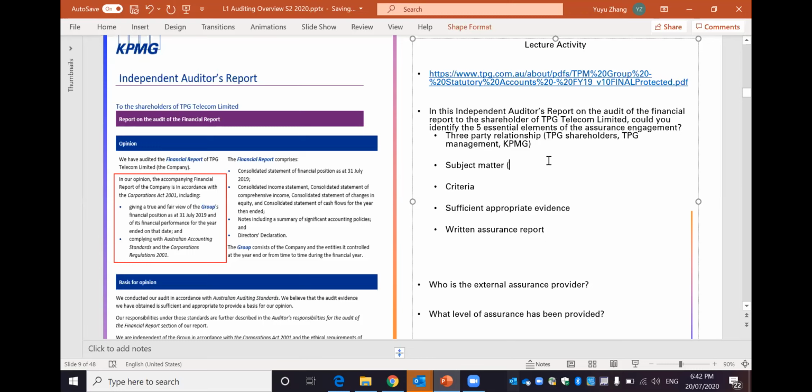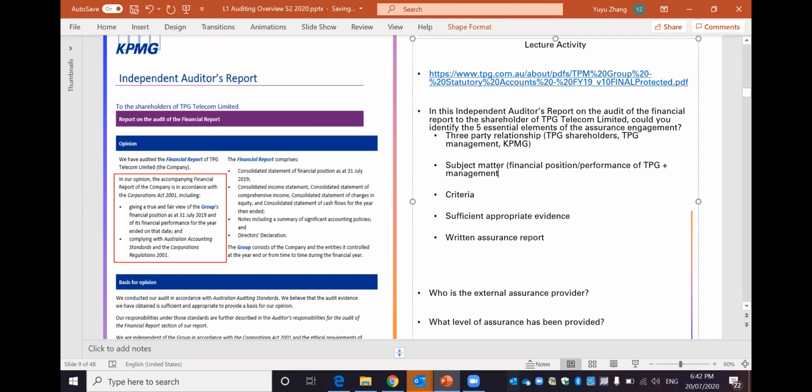So the subject matter would be the financial position and performance of TPG, and the management summarized them into the financial statements. Is that right?